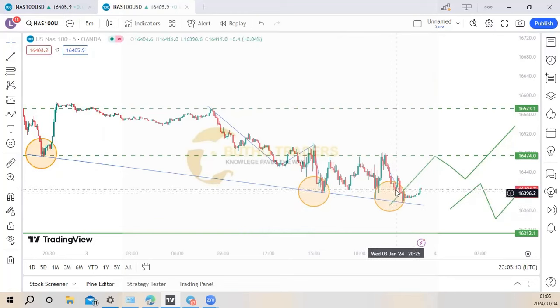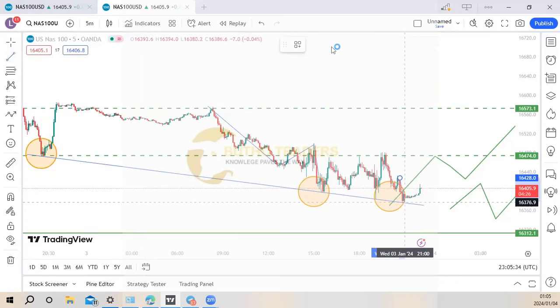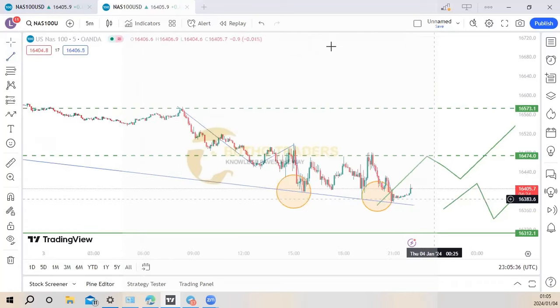Remember, it's like this. It's just a swing high, and then we just have a swing low created here. So this situation is like this, guys.